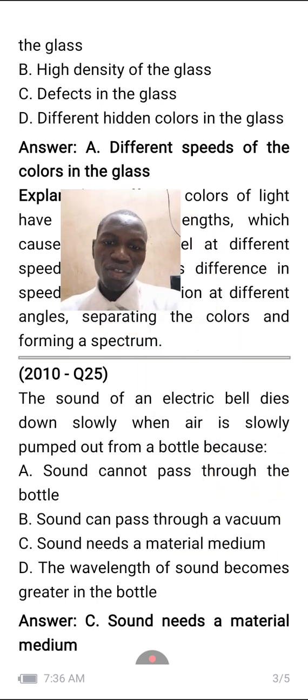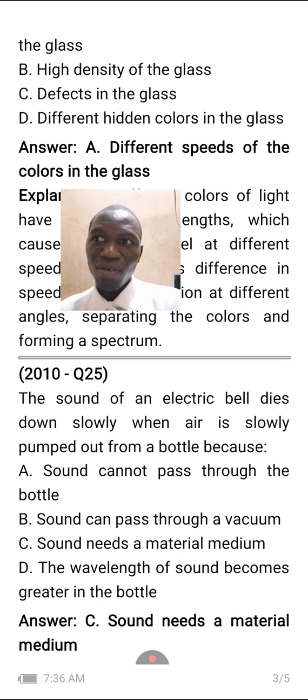The next question is question 25 in 2010. It says the sound of an electric bell dies down slowly when air is slowly pumped out of the bottle. You know electric bell, right? Those ones they used to put at home so that if you visit a house, there will be a button where you press, and people that are inside the house will hear the ringing.